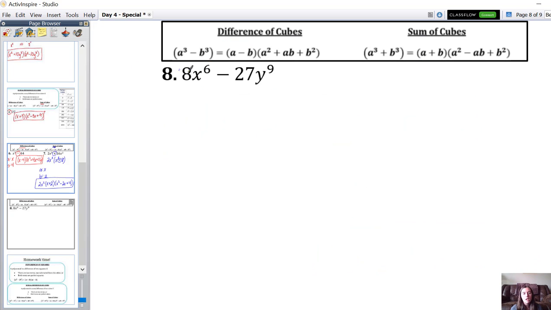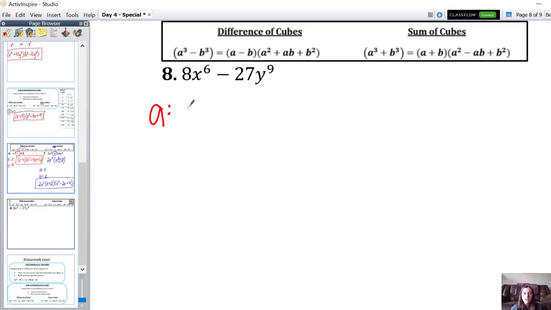Last one. 8x to the 6 minus 27y to the 9. Now 8 and 27, those numbers are both perfect cubes. And then we have these exponents that are both divisible by 3, so they are also perfect cubes. This is where it gets really important to write out what your a and b are. So here, a, the cubed root of just this first term.